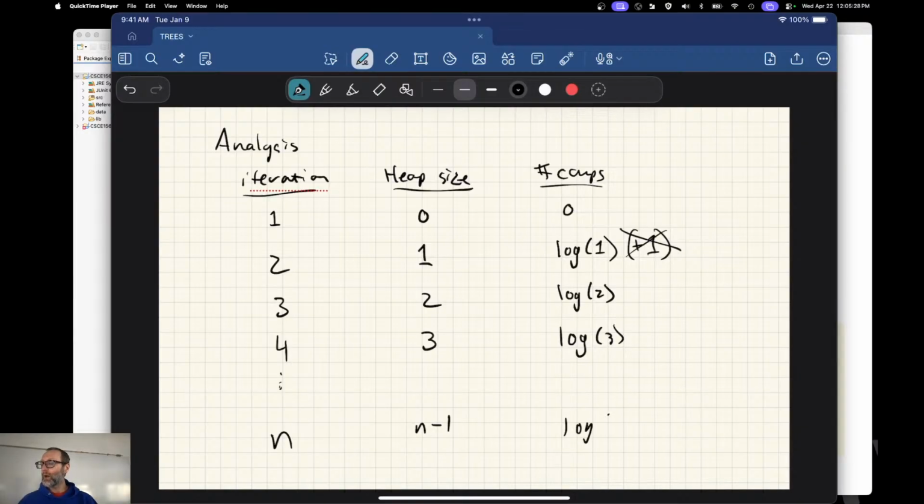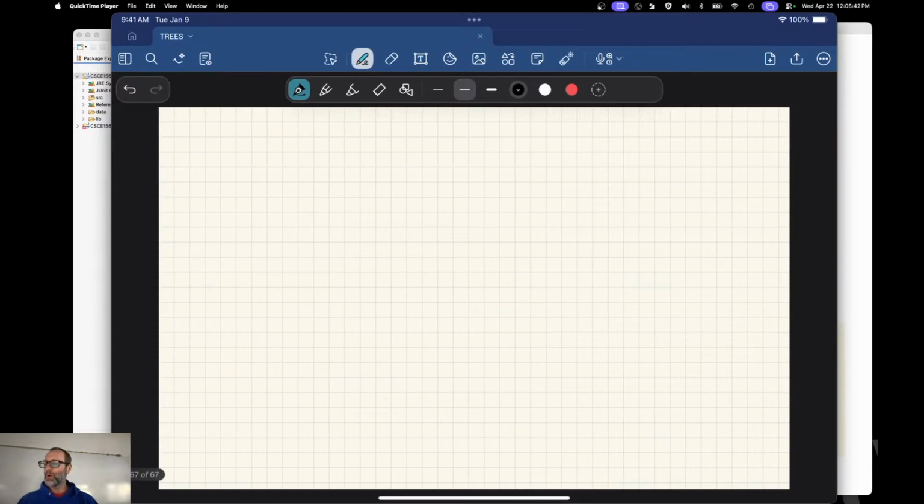You make log of n minus 1 comparisons. What is the sum grand total of all of these things, ignoring the 0 up there because we don't care about it? Okay, let's find out. So, log of 1 plus log of 2 plus log of 3 plus ... plus log of n minus 1.